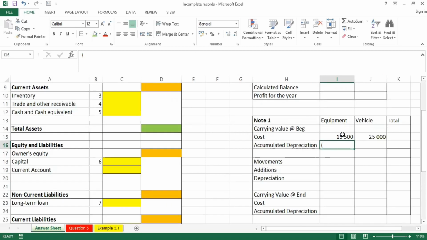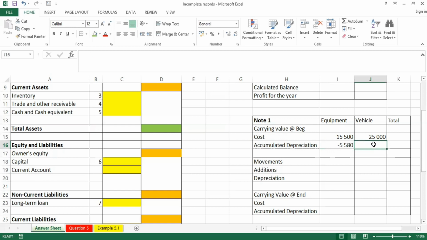So we type in 5,580 and then close bracket. My computer types the answer already as a negative amount, but you should know that in accounting, a negative amount is supposed to be shown in brackets.